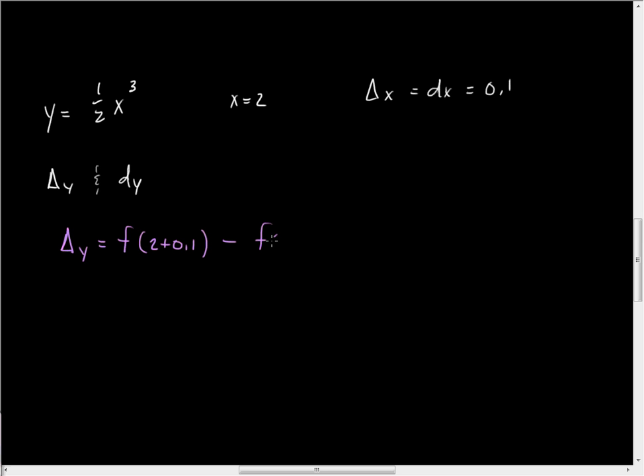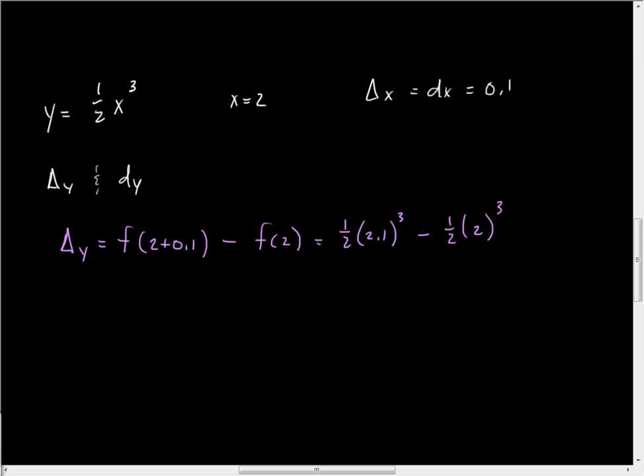minus f of 2. Now f of 2 cubed is 8. Whoops, I should probably do this in order. 2.1 cubed, and so this is 1/2 of 2.1 cubed minus 1/2 of 2 cubed.